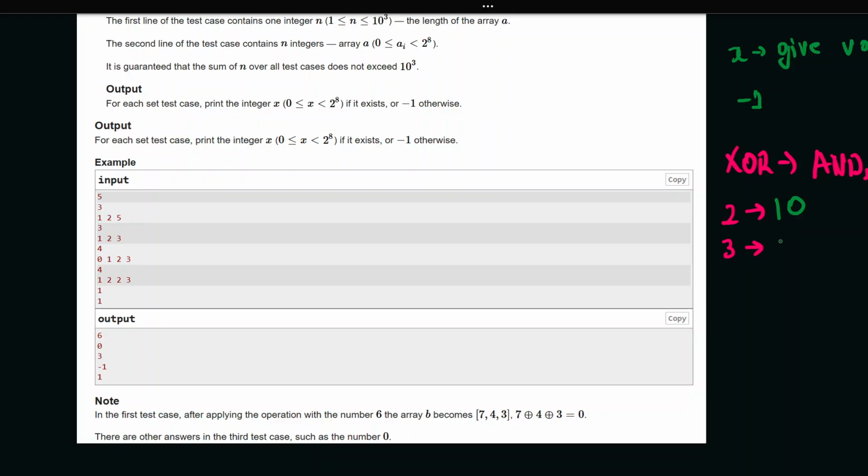And we can represent 3 in this format, 1, 1, right? So now if you AND these both, what will happen? 0 and 1, if you AND 0 and 1, it will be 0. If you AND 1 and 1, it will be 1. Correct. Are you guys aware of this? How I am writing this, values from decimal to binary format? Do you guys have an idea about this?